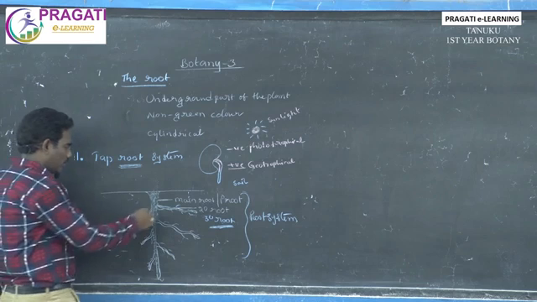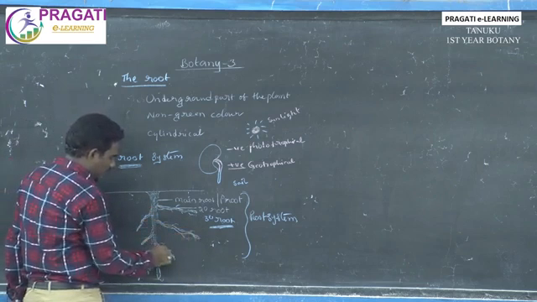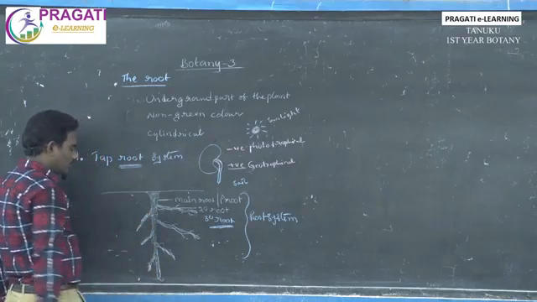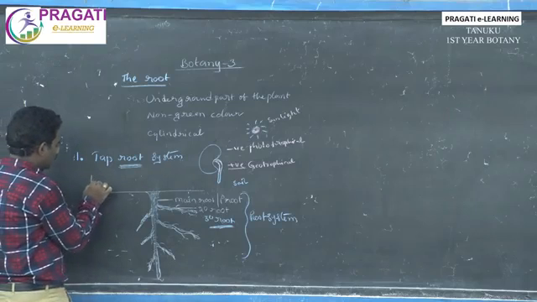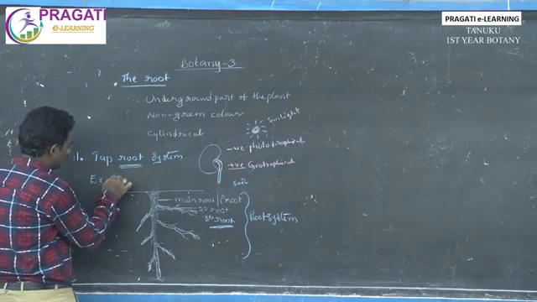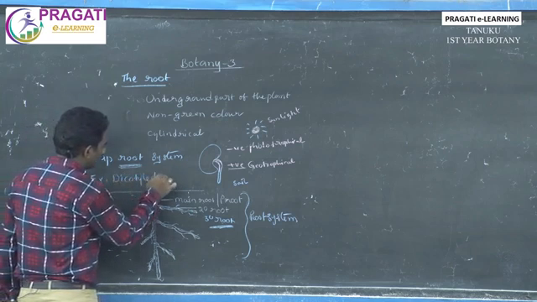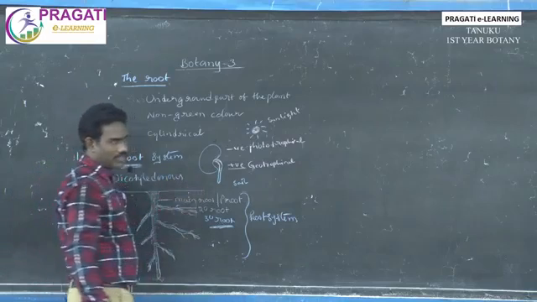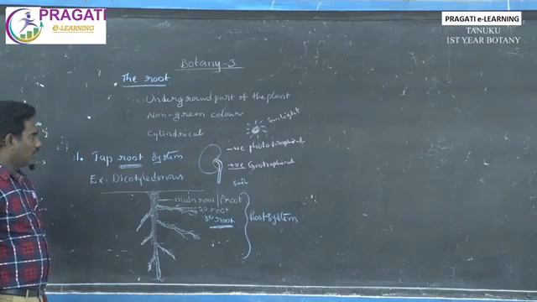This is the main root and these are the several lateral roots. This is a characteristic feature of dicotyledonous plants.